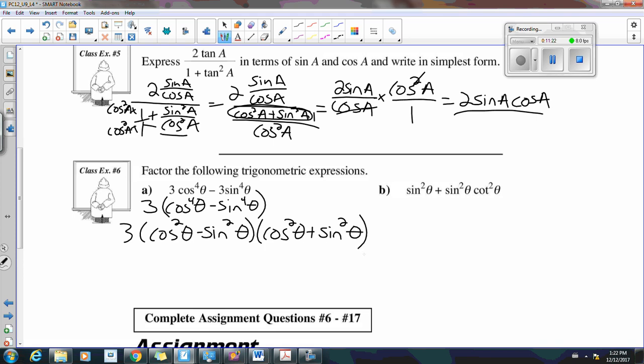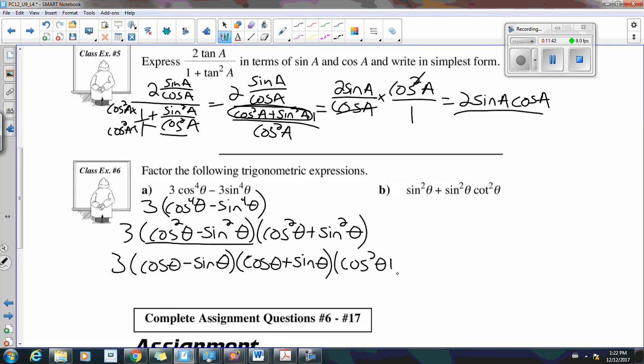So it gives me this. This one is actually a difference of squares again. So I have that. And I can rewrite this.